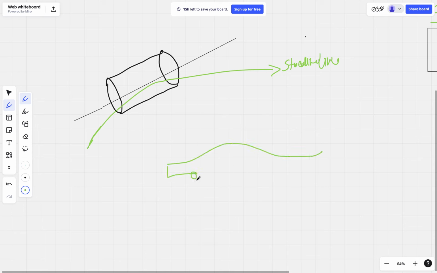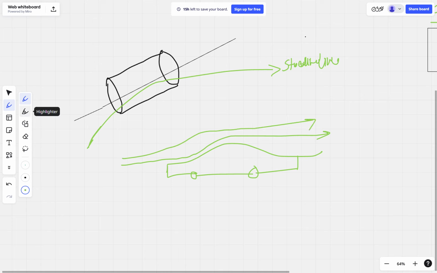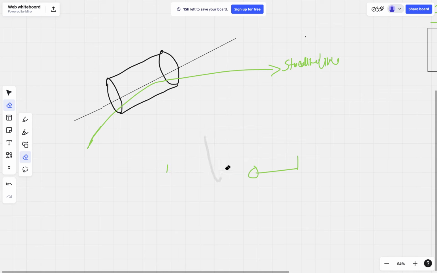So in the case of aerodynamics, these structures are called streamlined, as the air passing through are guided by the structure. So these are getting guided. So in that way, this is streamlined.